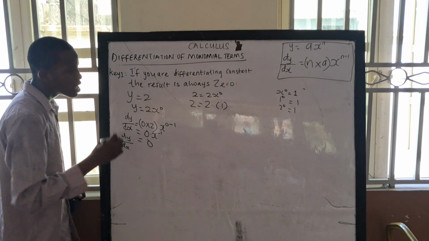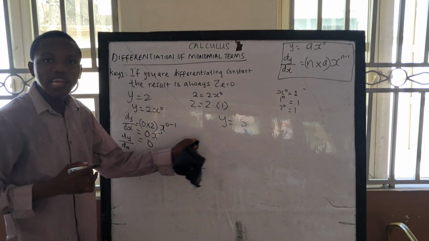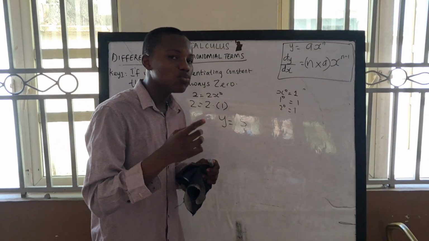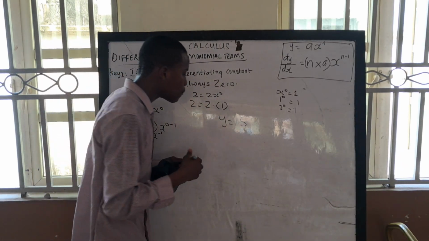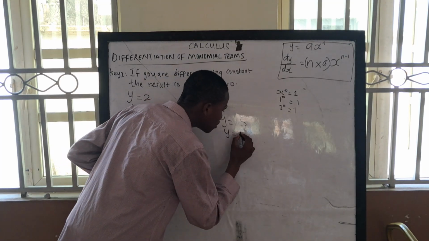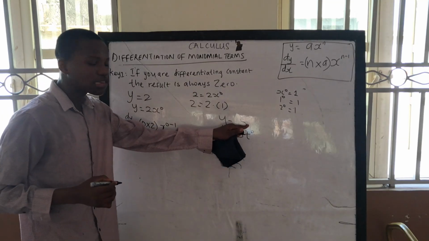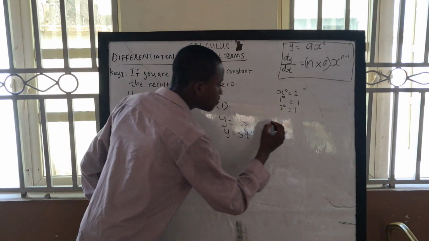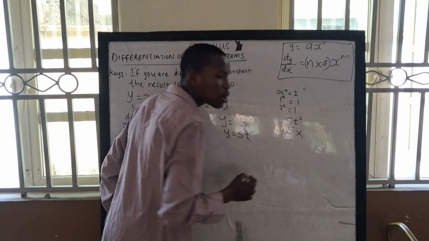Let's try it for another thing. If you have y equals to 5, and you have to differentiate this with respect to t now, not x, I'm having y equals to 5t raised to power 0. Remember, 5t raised to power 0 is the same as saying 5. That's 5 times t raised to power 0.